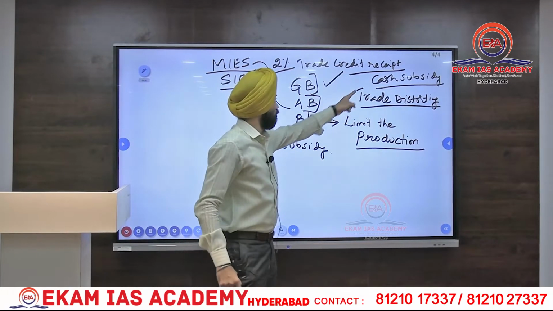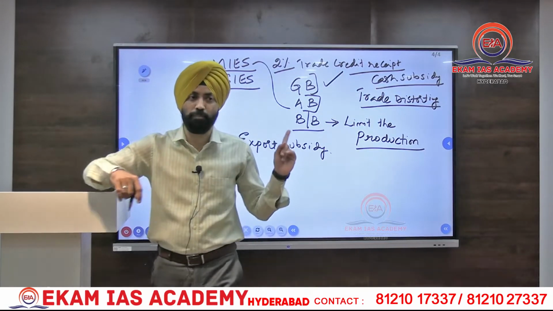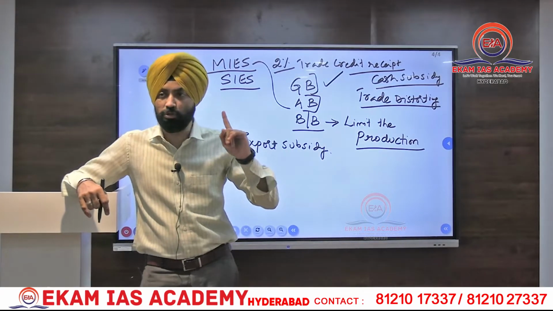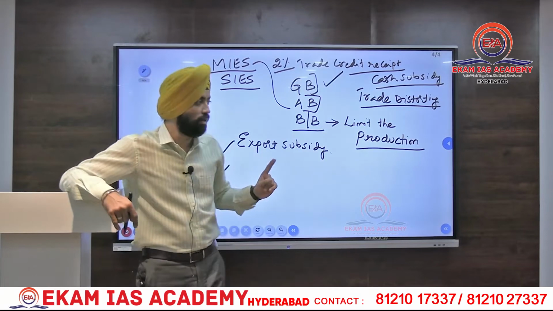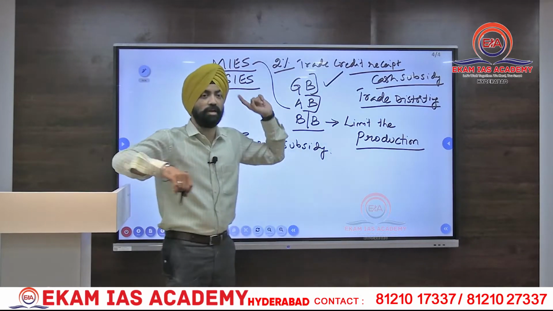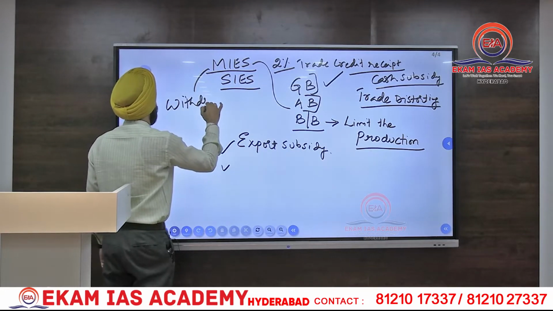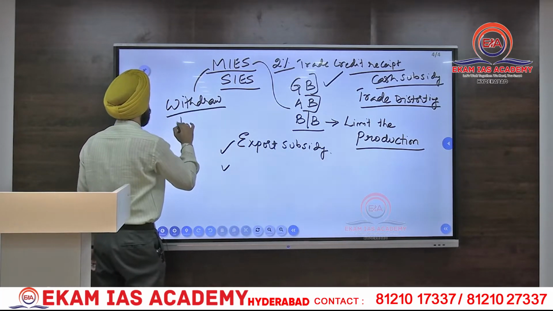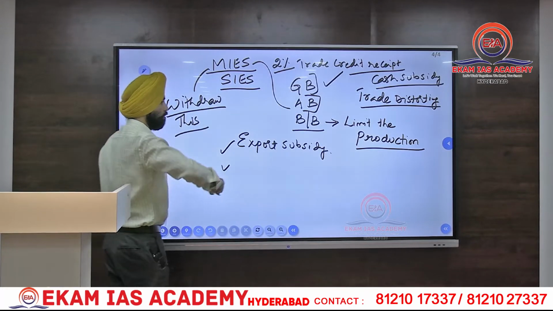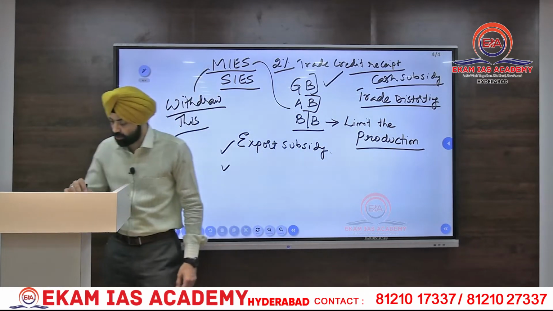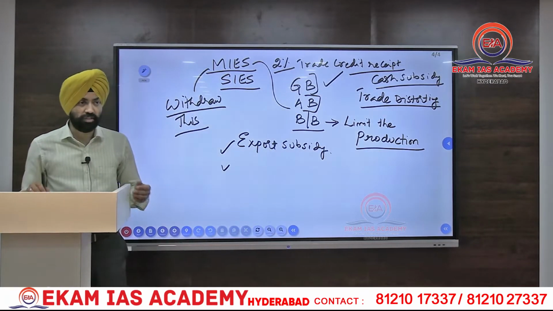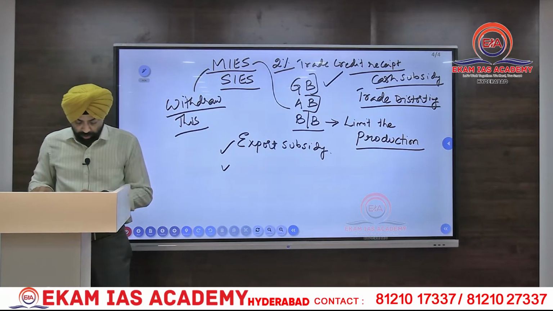So when you give cash subsidy, it comes under the amber box. It means that whatever you are doing might disturb international trade, and the world objected to this, and India had to withdraw this. Hardly 7-8 months ago it was in the news. Finally, India had to withdraw this. So please go through these 8 points independently. They are important.